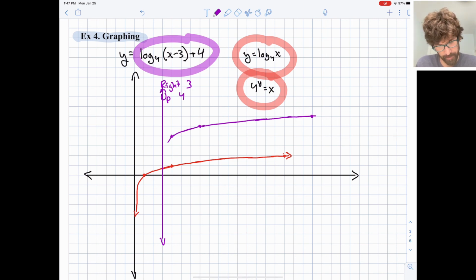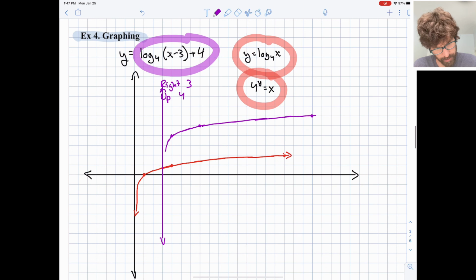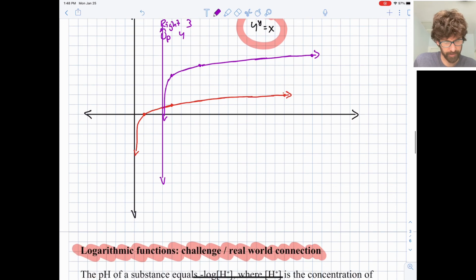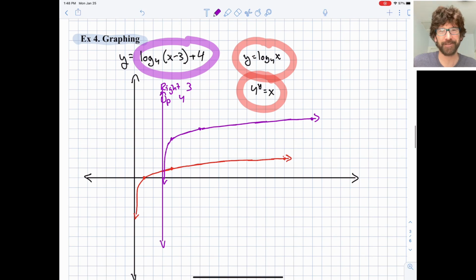Sometimes it's hard to make a nice smooth curve when we're dealing with such an extreme sequence here. But that would be our new graph, log base 4 of the quantity x minus 3, plus 4. So a transformed function shifted right 3 and up 4. And that is a great place to stop right there.